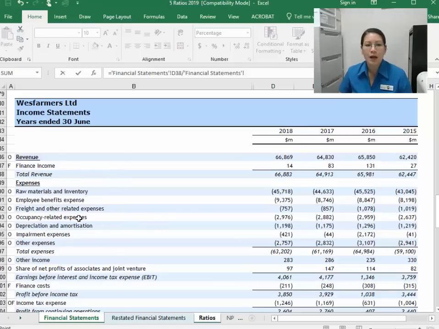Wesfarmers doesn't, and some of your companies won't, they'll list it out here. Just by looking at the names, I can see that this one here is my raw materials and inventory. That looks like the cost of my raw materials, the cost of my inventory that's coming out as cost of sales. So this is the figure that I actually want to use, the one that I'm going to link to.